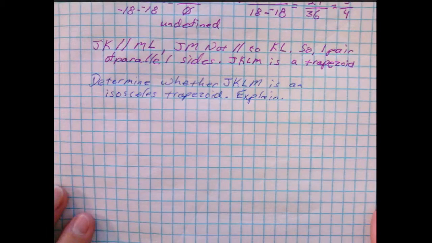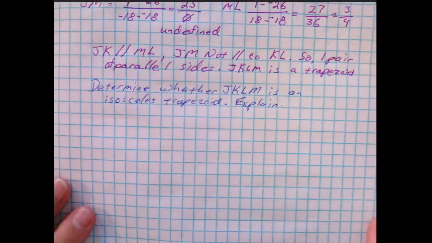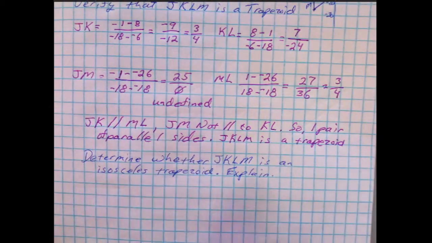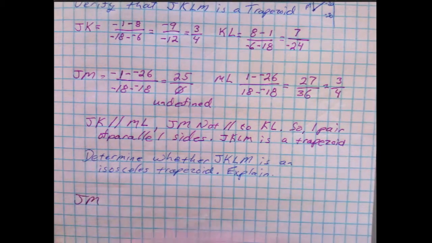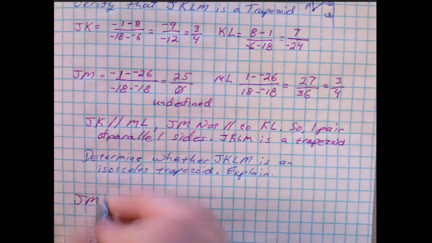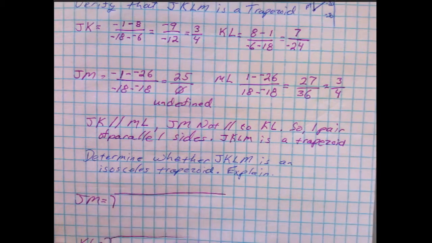If you remember, an isosceles trapezoid means that our legs are the same length. So we're going to be using the distance formula this time, and our legs are the non-parallel sides, so that's JM and KL. So JM and KL are the ones we're using our distance formula for.